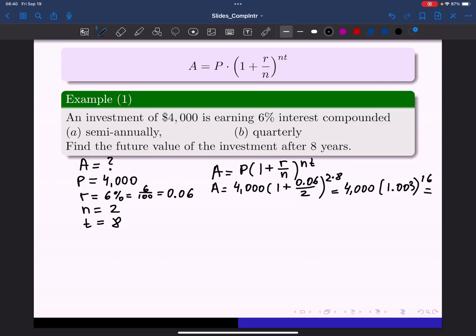So then we can type everything on the calculator, and we're getting 6,418.82536 or 26, something like this.